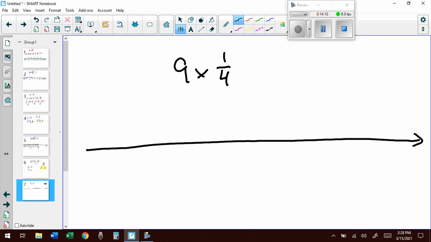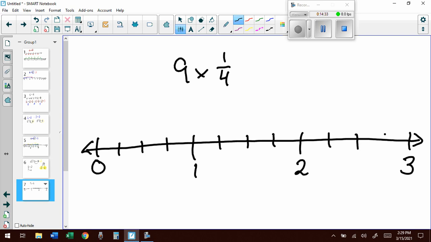Again, let's try it from 0 to 3. And we need to partition this number line into fourths. If you watch my videos, you know that every now and then I have a problem with partitioning into fourths. But not this time. Got it on the first try.